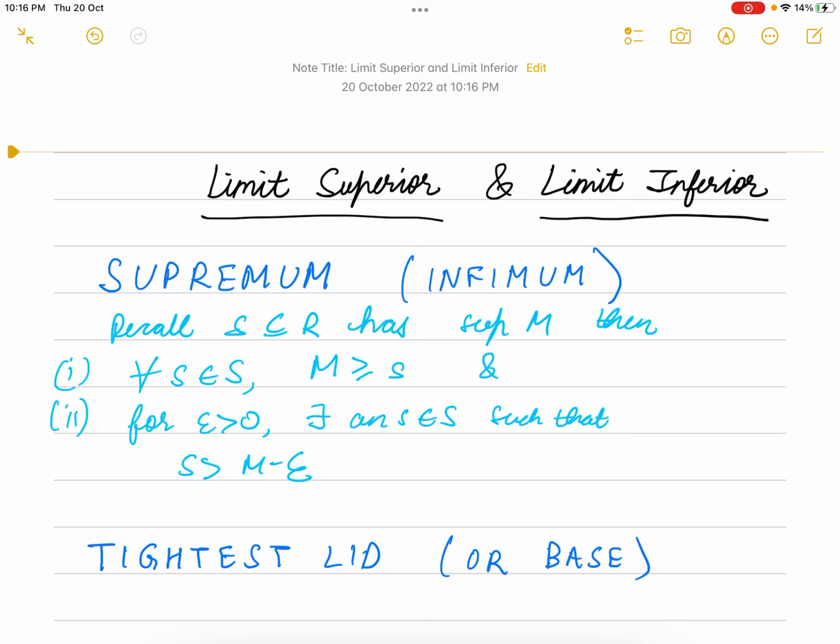For infimum, this becomes I is less than or equal to s, and there exists an s belonging to S such that s is less than I plus epsilon.